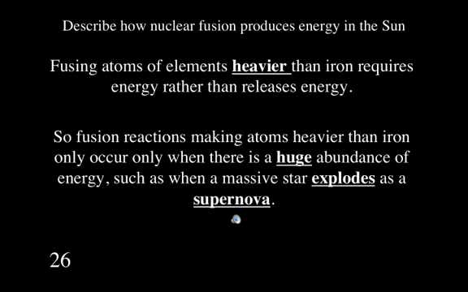When they consume it, it produces a massive eruption of material that is sent out to all places within our universe. So these reactions take place when you have a huge abundance of energy, and the only way you find this amount of energy is when you have a star that explodes like a supernova, which will be discussed in the video you're about to watch on slide 27, which will be your final thing to do here at this station.